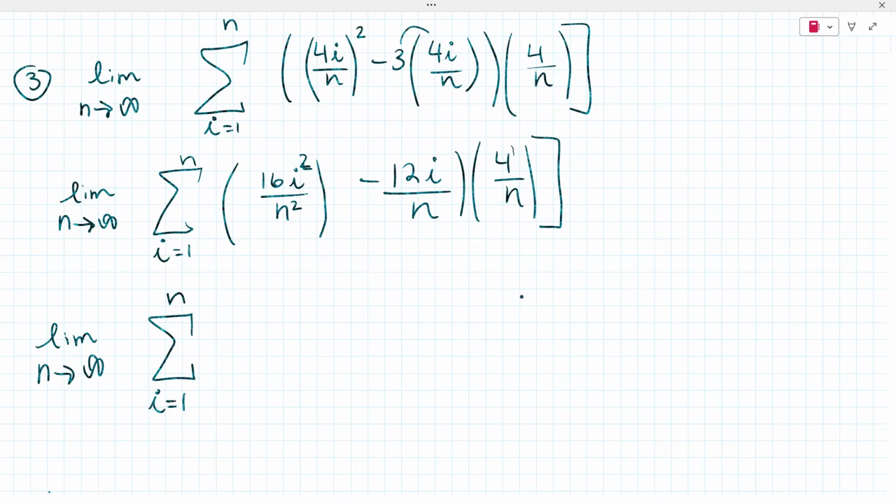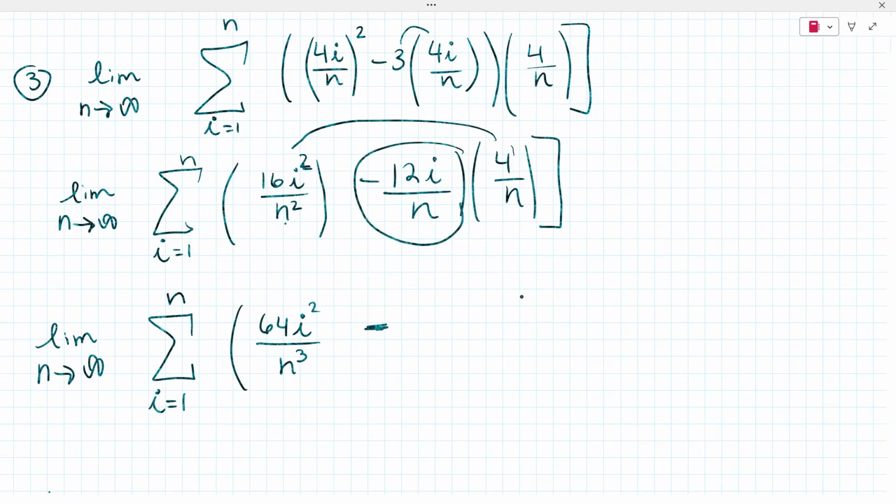What's 16i squared over n squared times 4? 16i squared times 4 is 64i squared, and n squared times n is n cubed. Minus, and let's multiply this by 4 over n: negative 12i times 4 is negative 48i over n squared.